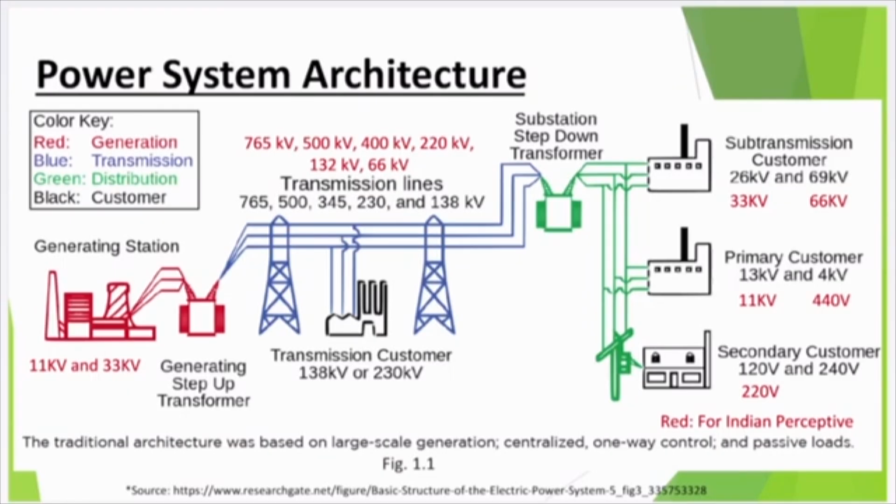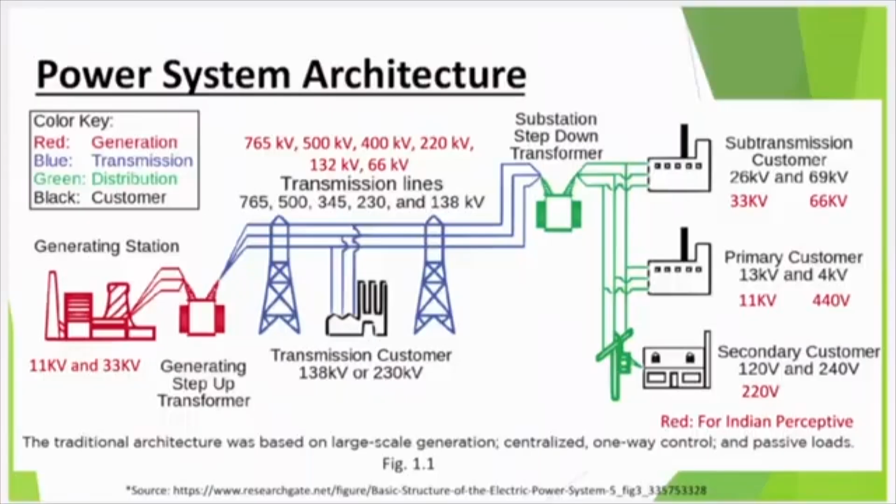But depending upon the geography of the globe, the transmission line voltage levels are quite different. And hence we get into the substation step-down transformers where those high voltages are stepped down and made available to my customers of three different types: sub-transmission customers, primary customers and secondary customers.